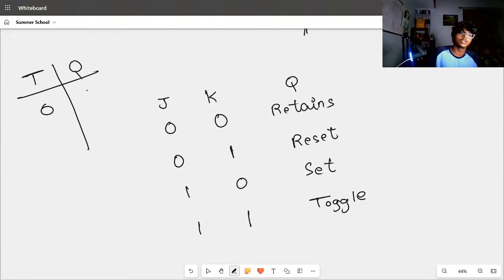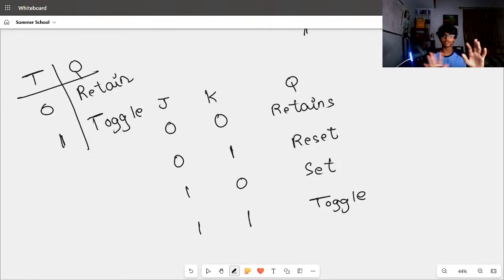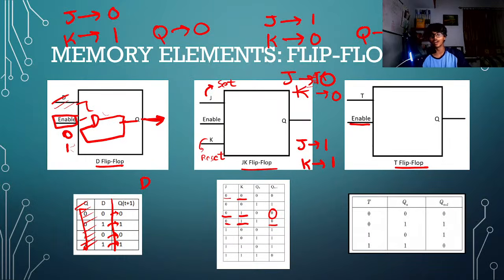If T is 0, retain. If T is 1, toggle. That is what a T flip flop does. These are your three types of flip flops that I'll be discussing. There are more, but this should be enough for you to understand what I'm going to talk about next. Is that clear?